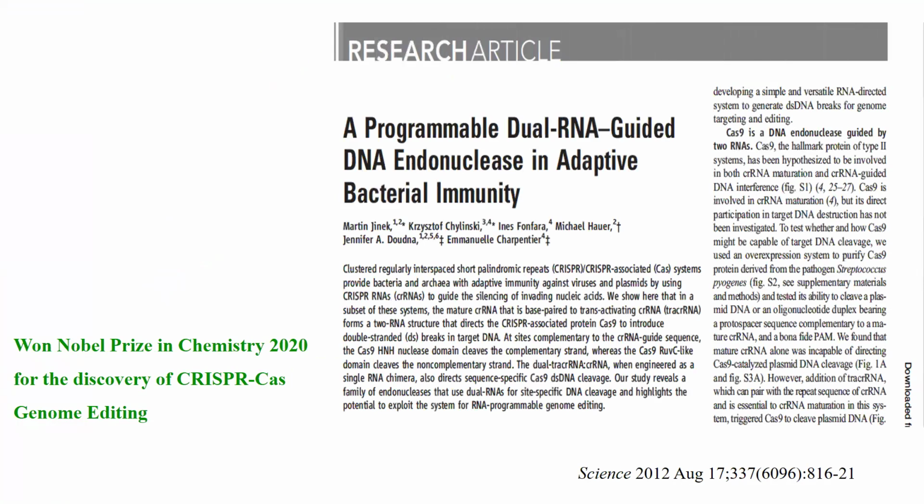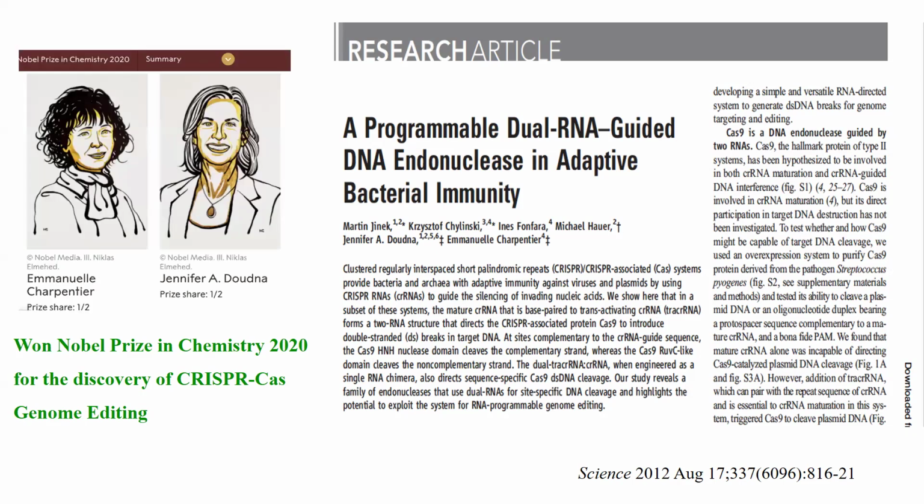CRISPR-Cas is the sharpest molecular biology scissor that can rewrite biology. This discovery was first published in Science: a programmable dual-RNA-guided DNA endonuclease in adaptive bacterial immunity. What does it mean?